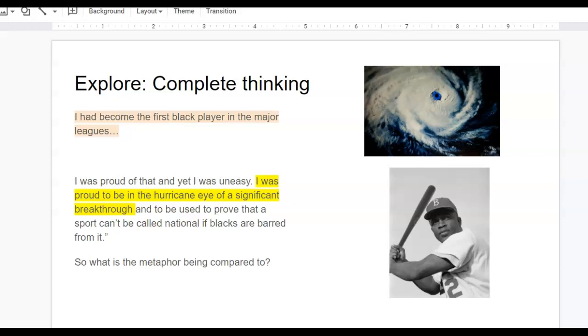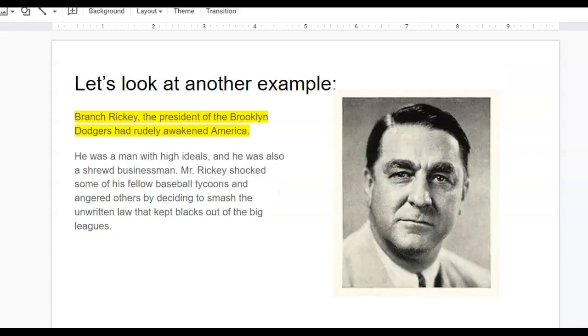So let's look at another example. This is from the same book. Branch Rickey, the president of the Brooklyn Dodgers, had rudely awakened America. And I have the figurative language highlighted. He was a man with high ideals, and he was also a shrewd businessman. Mr. Rickey shocked some of his fellow baseball tycoons and angered others by deciding to smash the unwritten law that kept blacks out of the big leagues.